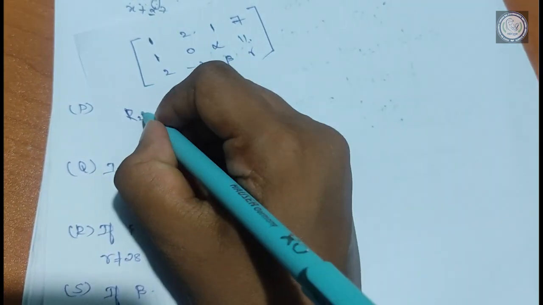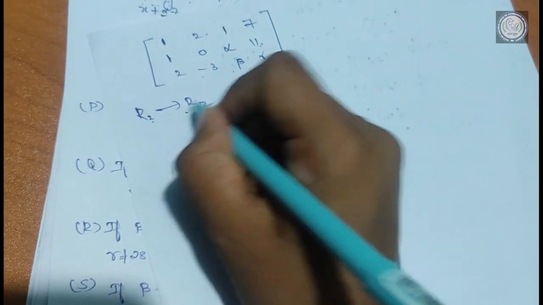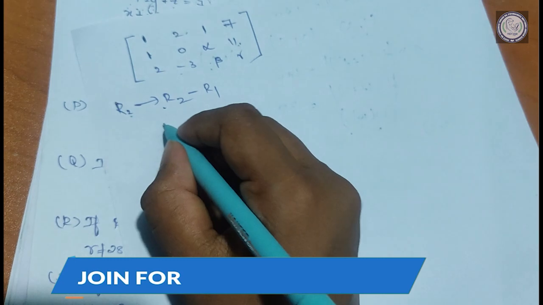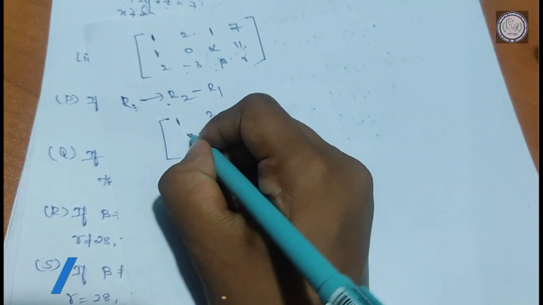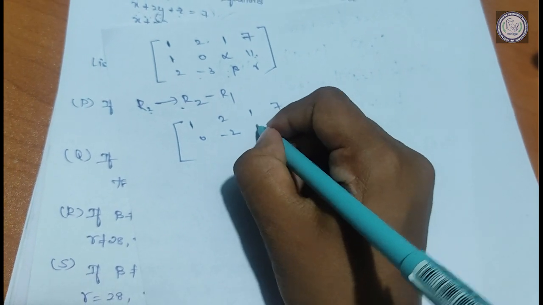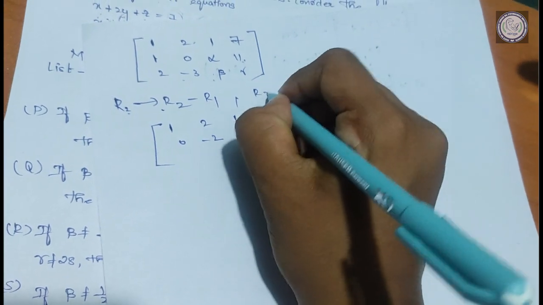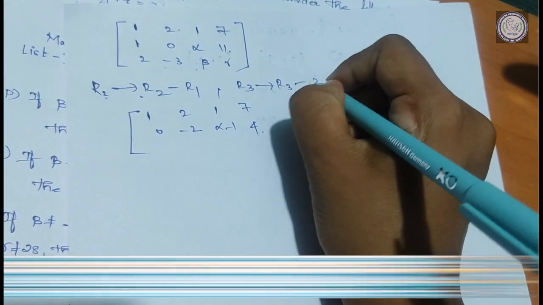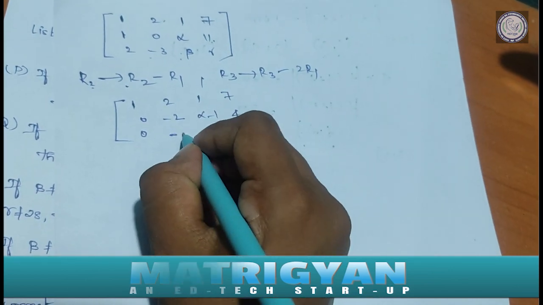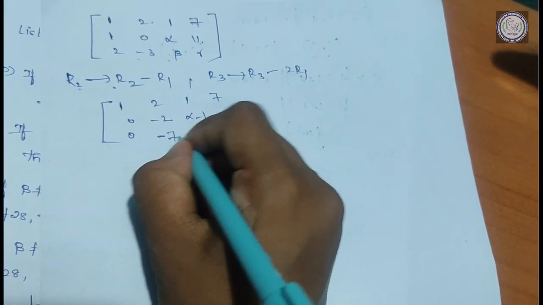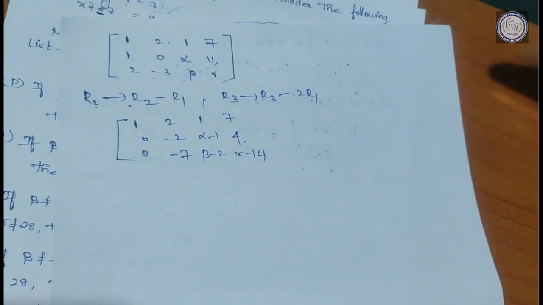by doing some elementary row operations. So we will do two row operations at one time, like R2 is changed to R2 minus R1. Simultaneously we will change R3 also, giving 0, minus 7, beta minus 2, gamma minus 14.